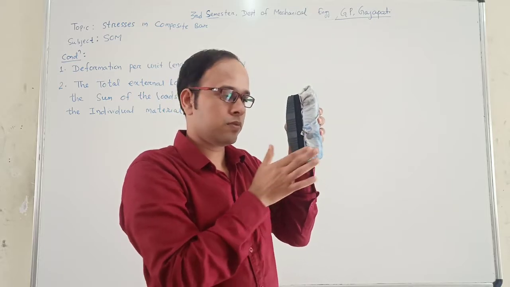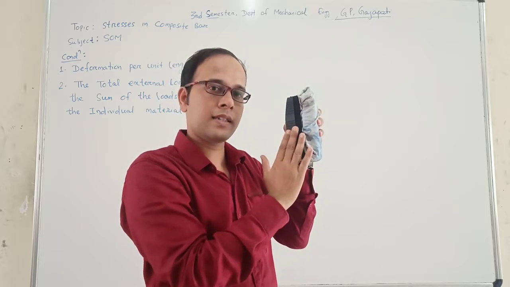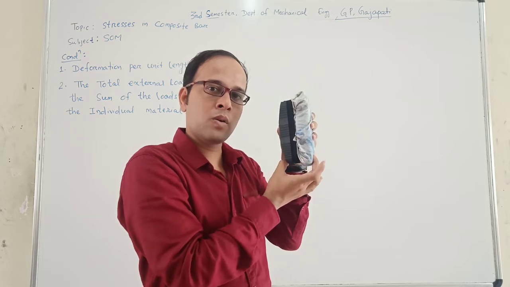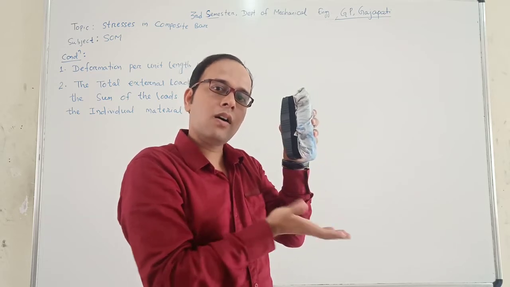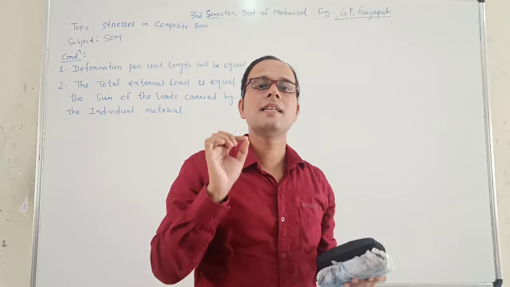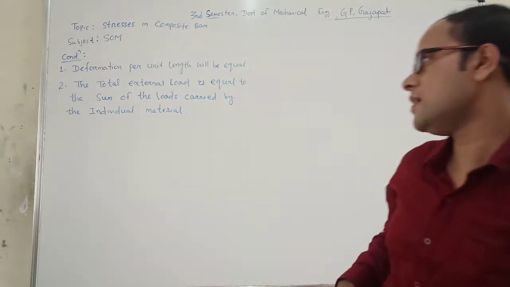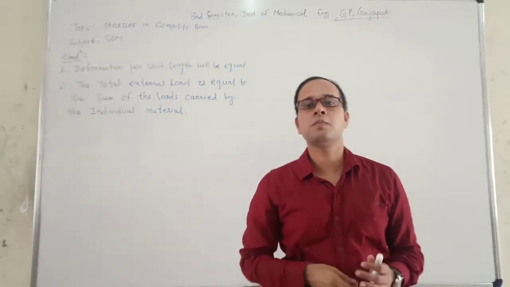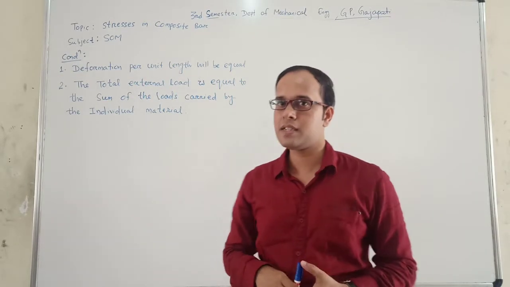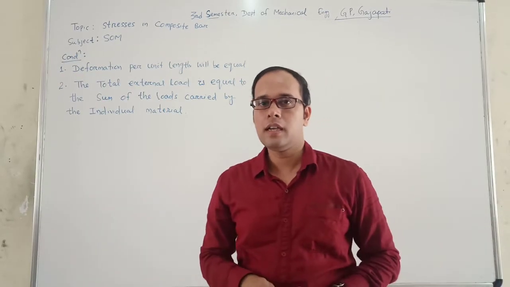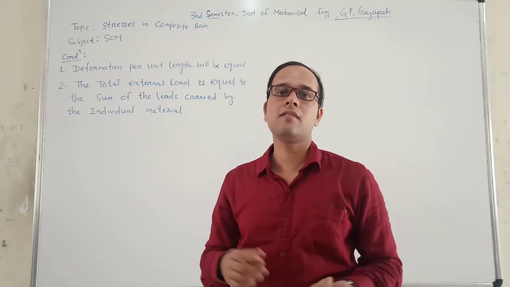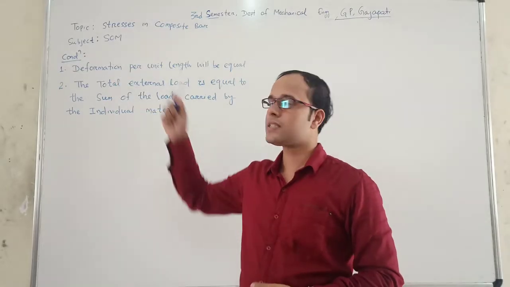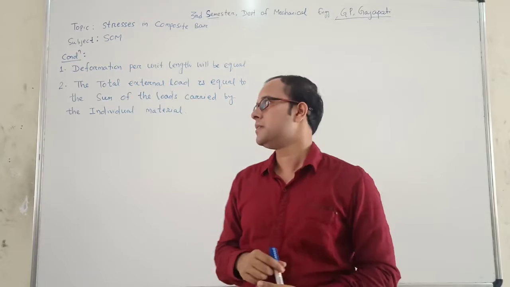I will join these materials in such a way that if you apply load, then extension or contraction will be the same for both. That means deformation will be equal. If I divide by the original length, I will get strain. So first point, strain should be equal.